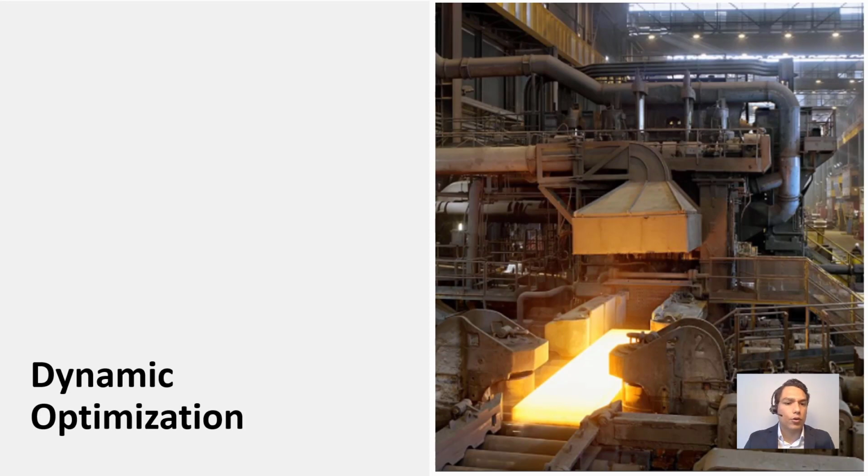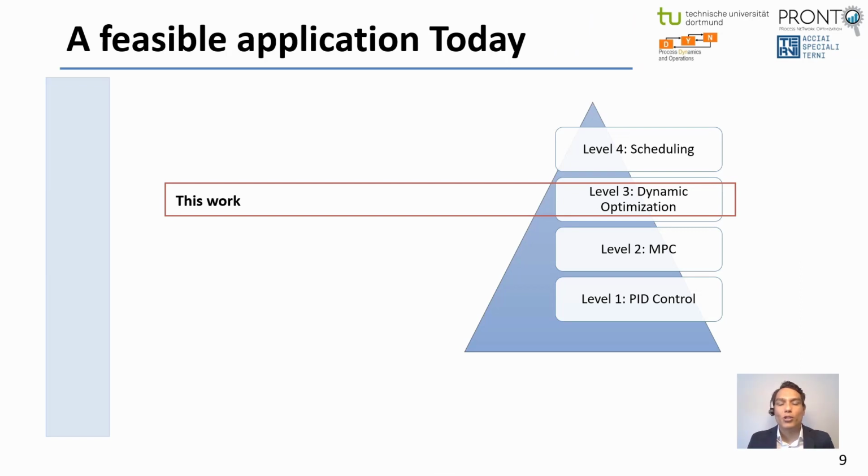Let us now introduce the dynamic optimization proposed in our paper. From the automation pyramid point of view, a feasible application today, with the work that many researchers have carried out during the last decade, is as follows. One can think about integrating in a unified optimization framework scheduling, dynamic optimization, and MPC.